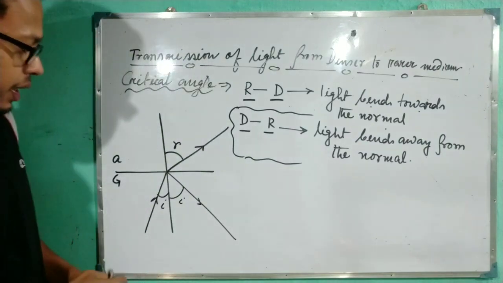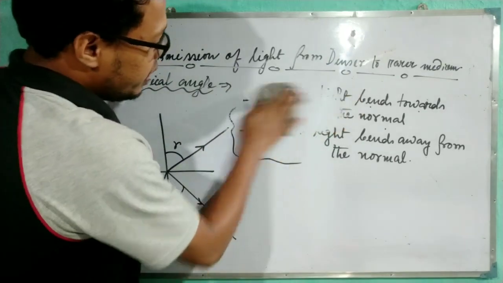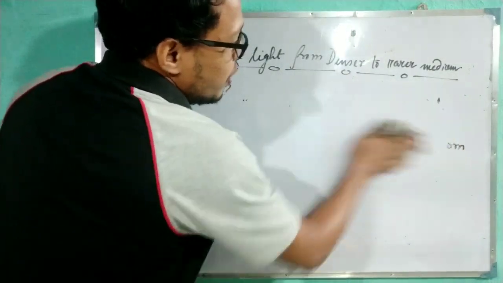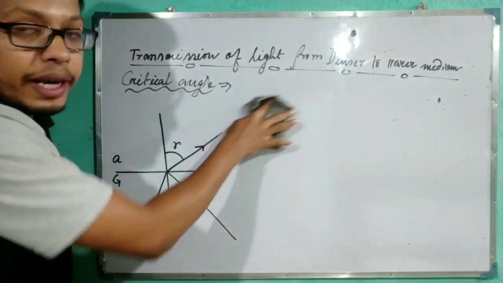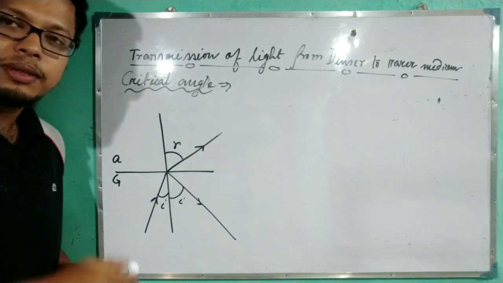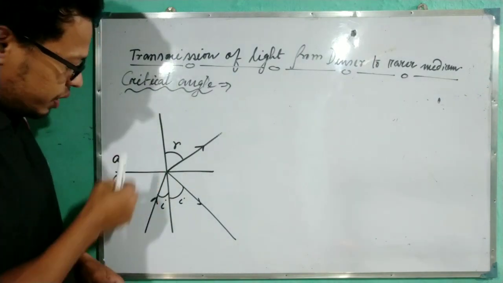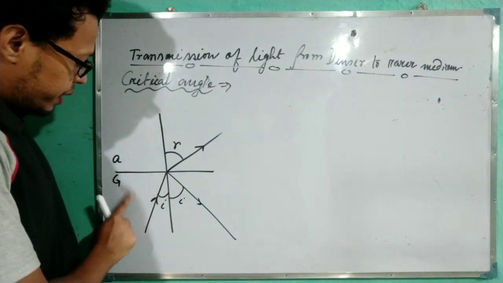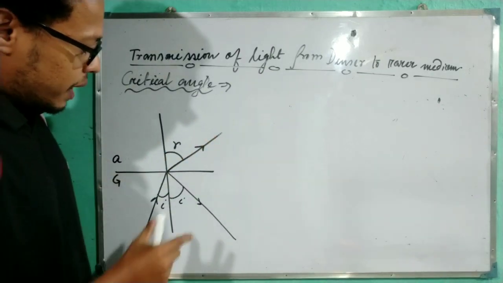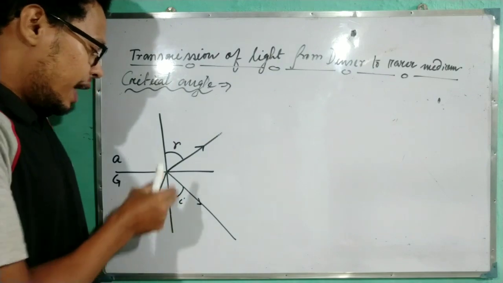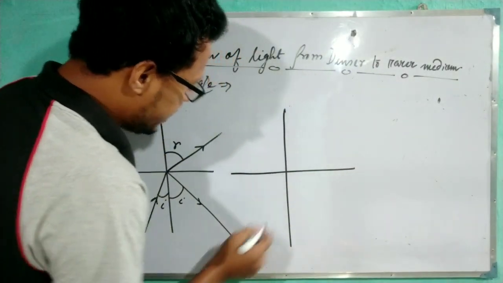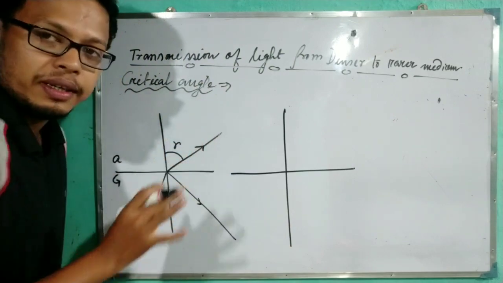Now, in the second case, if we increase the angle, okay, so one thing: when the rays come from rarer to denser medium, there will be reflection and refraction also. And here when the light goes from denser to rarer medium, then also refraction and reflection, and when the angle increases, the intensity of light keeps on decreasing.